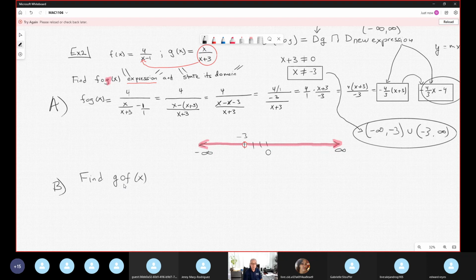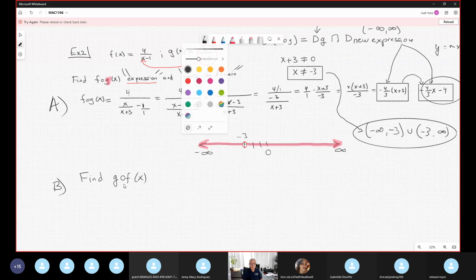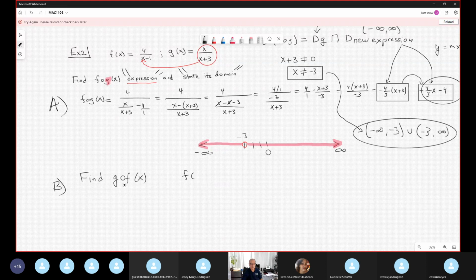Let me try. I write again f of x is 4 over x minus 1, semicolon, g of x is x over x plus 3. But the situation now is different.